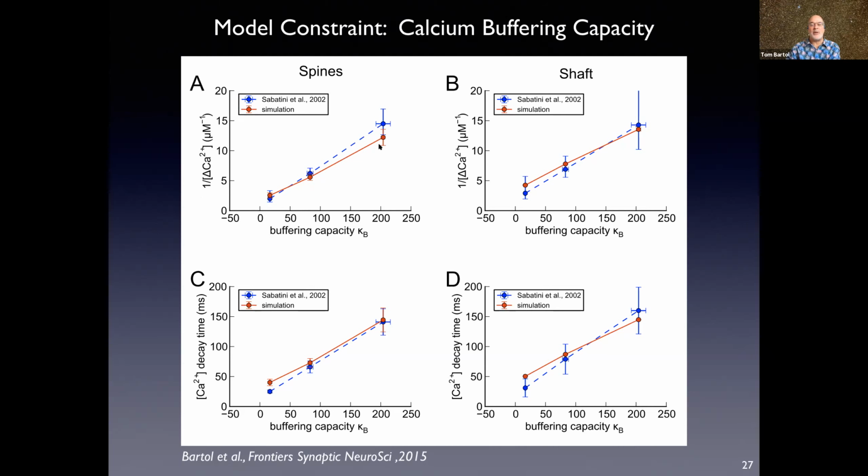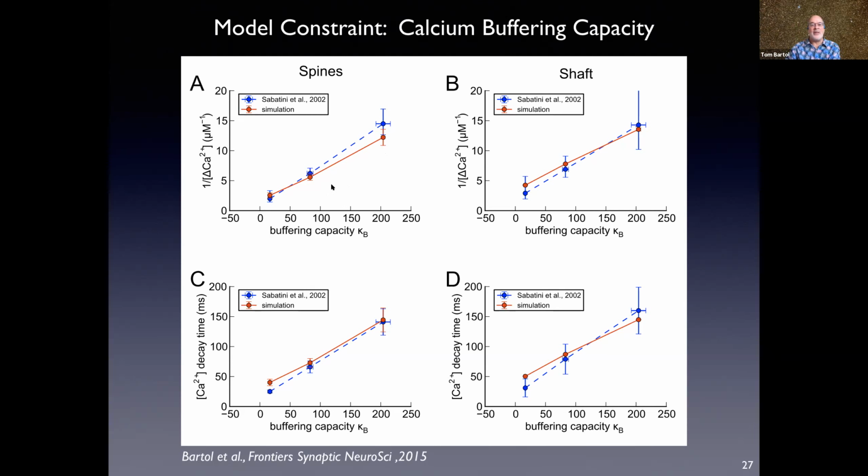And so what we did was we kept everything fixed in the simulation that was well constrained and known, and varied things that were unknown. And we varied basically 7 different things: the density of PMCA pumps, the amount of immobile calcium binding protein, the rate constants of the immobile calcium binding protein, and several other factors that I'm having trouble remembering.